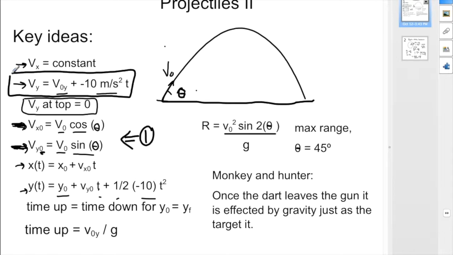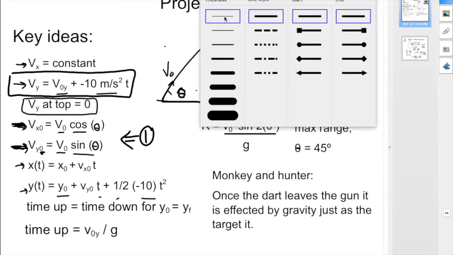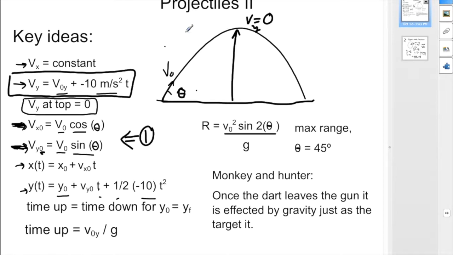So classically, one of the first questions that comes up is: what's the maximum height? To get the maximum height, we'll use the fact that the velocity in the y direction at the top is 0.